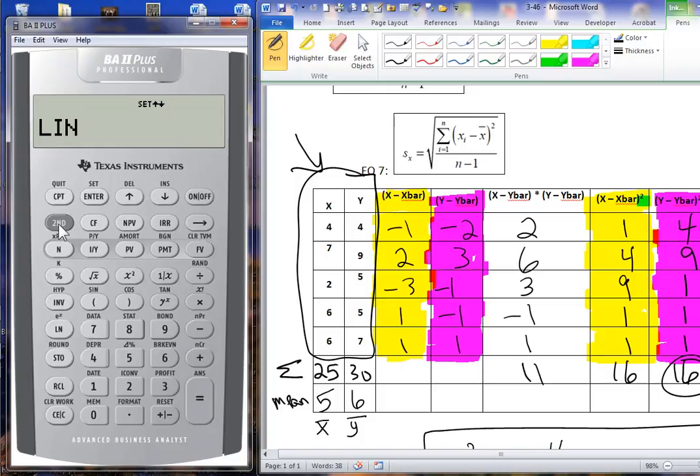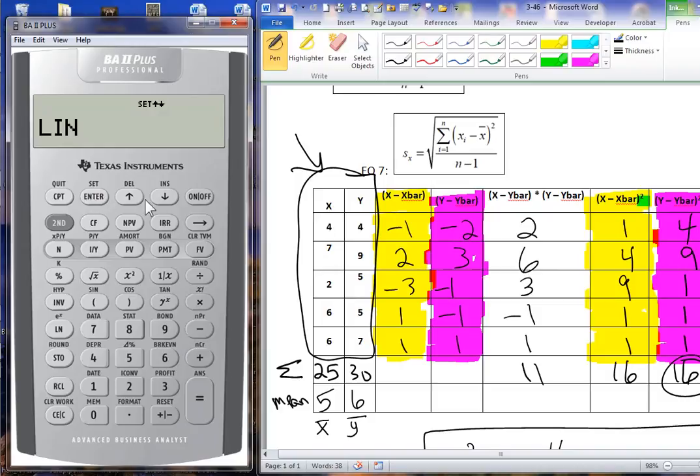At this point, if you wanted to go to other applications, you could do second function enter, and that takes you to natural log, to exponential, to power, and to one variable. But I want to be in linear regression.